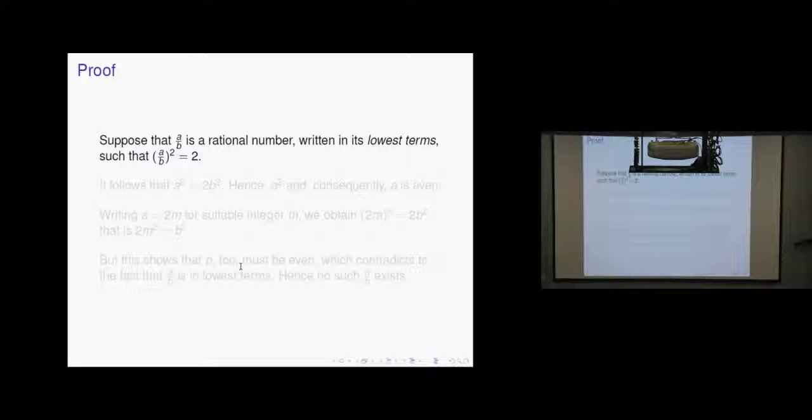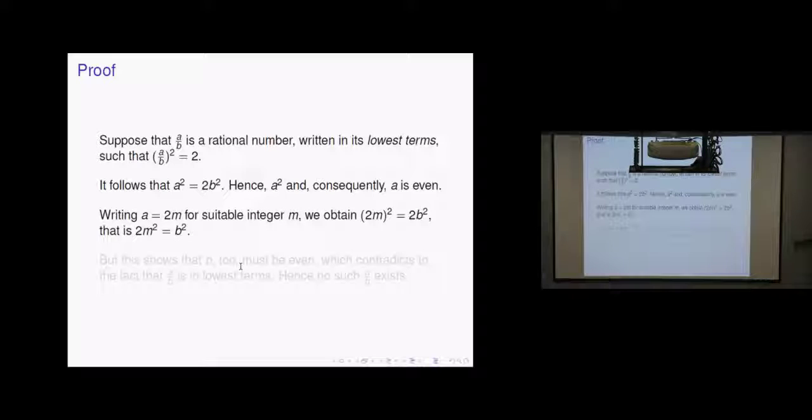If you have a common factor of 2, it is already cancelled. So written in its lowest terms, such that (a over b) squared is 2. And then we do our calculation. We move things around. It follows that a squared is 2b squared. Hence, a squared is even. Consequently, a is even.